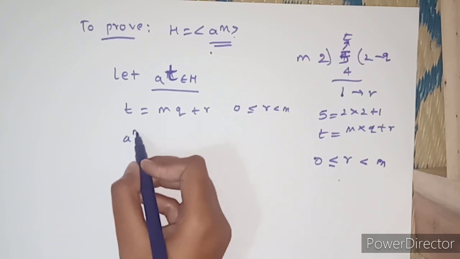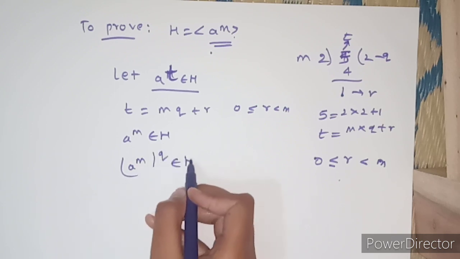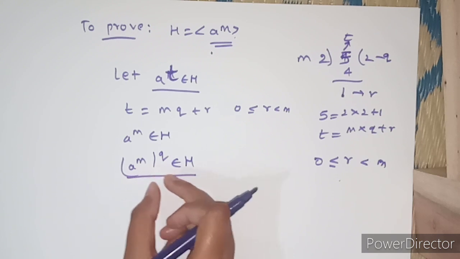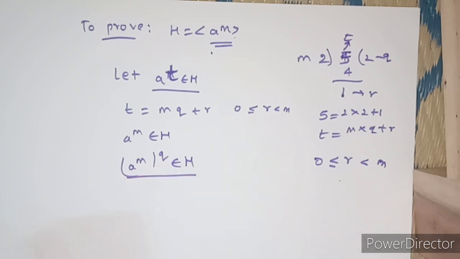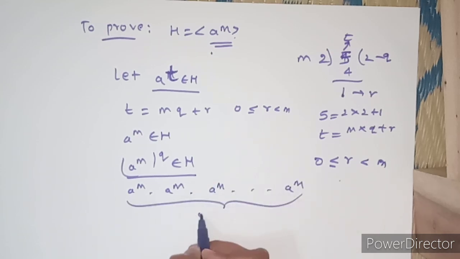a^m is belonging to H. Then (a^m) to the power q also belongs to H. That means take integral powers of a^m, q times. See, a^m, a^m, a^m, and so on up to q times. How is this possible?